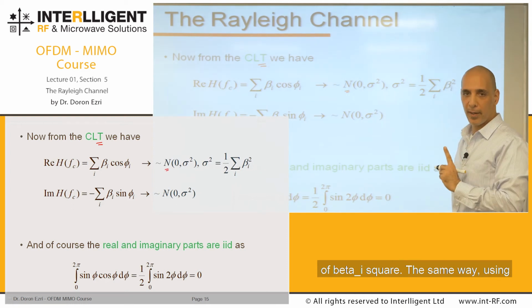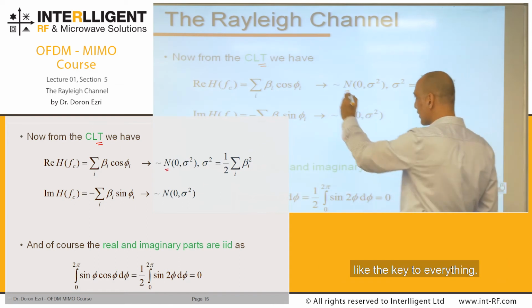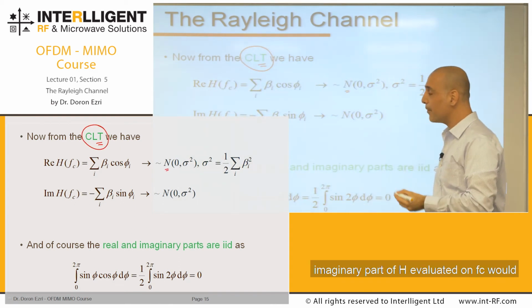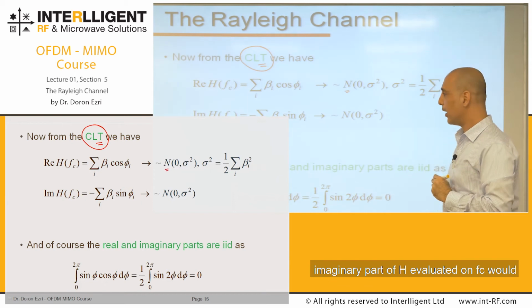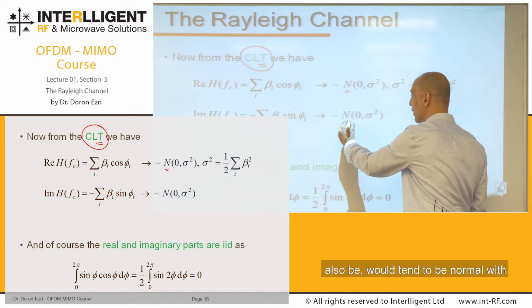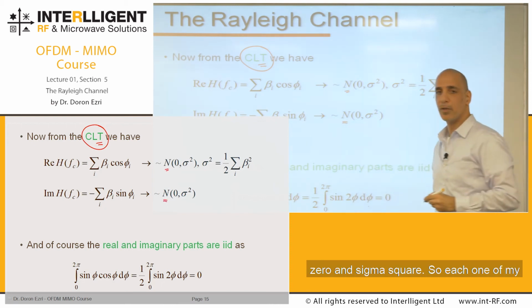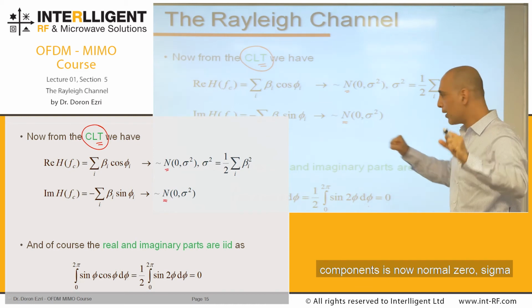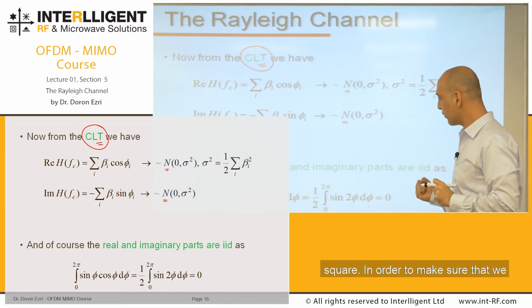In the same way, using the same consideration, again, this is the key to everything, the imaginary part of h evaluated at fc would tend to be normal with 0 and sigma square. So each one of my components is now normal 0, sigma square.